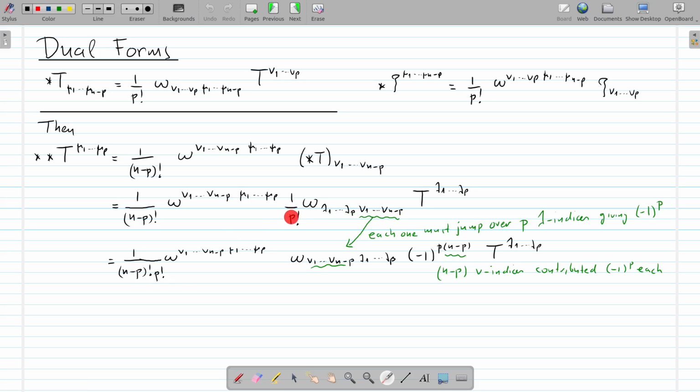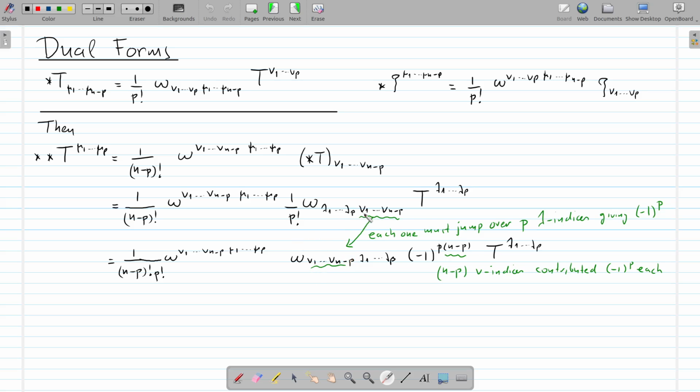So we move this p factorial factor here. We also leave this alone, but now rewrite the component of the n form in such a way that all these nu 1 through nu n minus p indices are moved to the first positions.